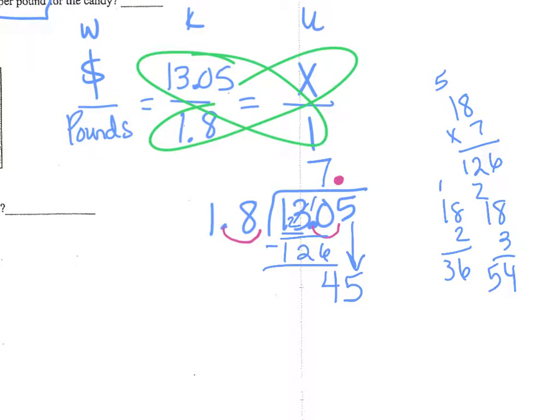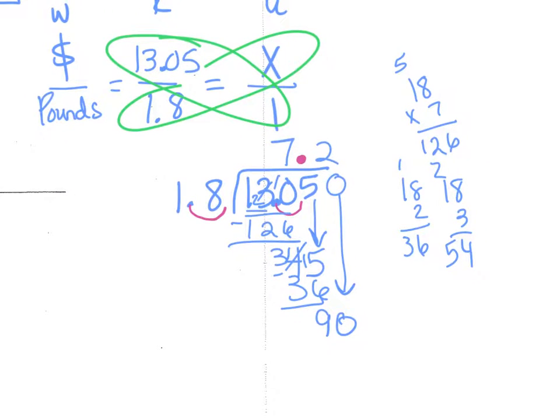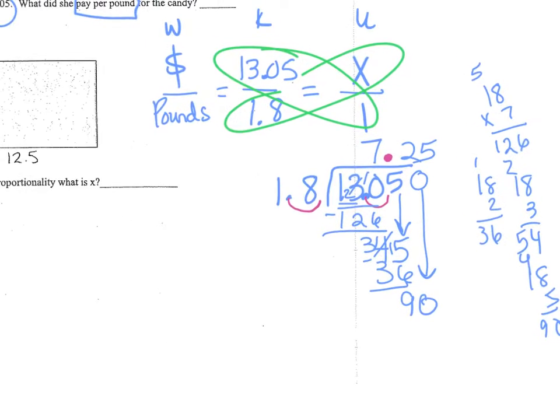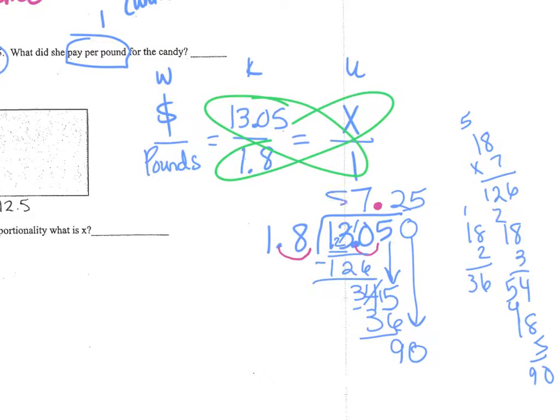Okay, so twice. 36. I get a remainder of 9. I'm going to add a 0. So then 18 can go into 90. 5 times. Let's try it. Good. Thanks, Makai. $7.25 for 1 pound of candy for Mrs. Ship.